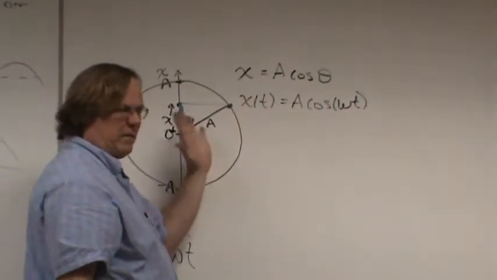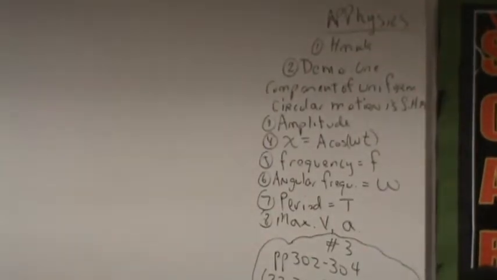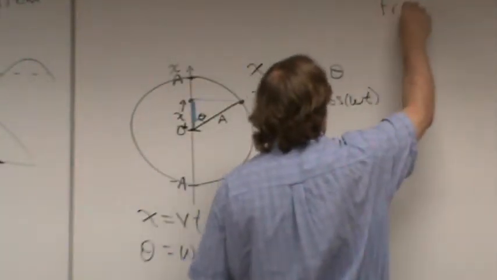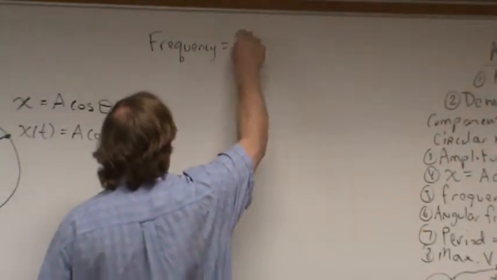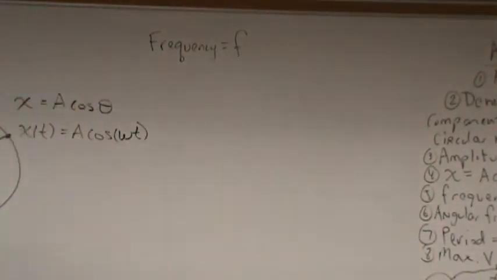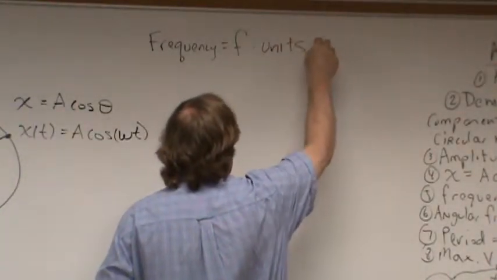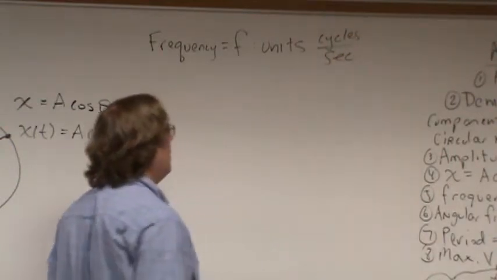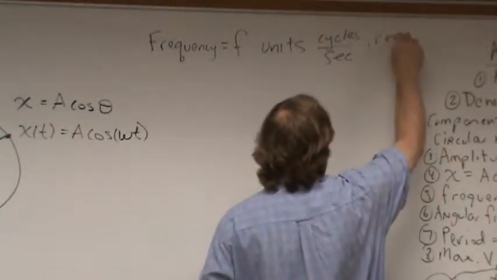Keeping this in the back of our mind, I want to define frequency, angular frequency, and period for you. First, frequency, which we call by the small letter f. And frequency has the units of cycles per second. But it can also have the units of revolutions per second.